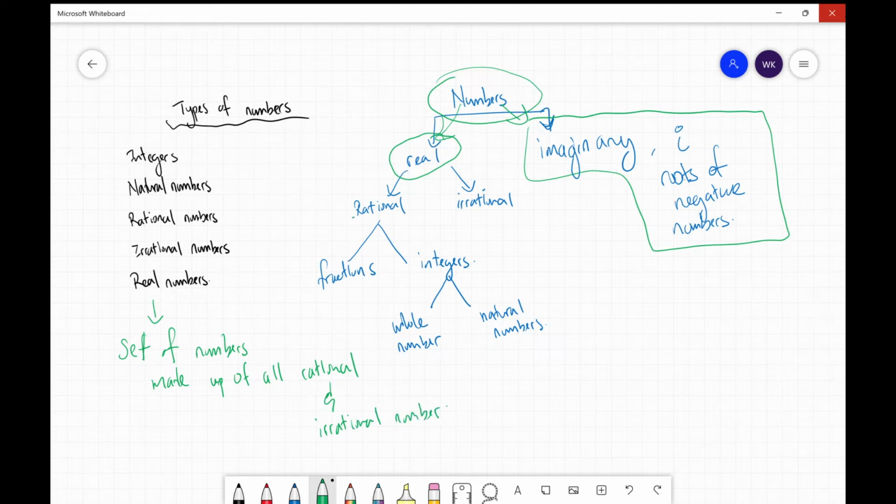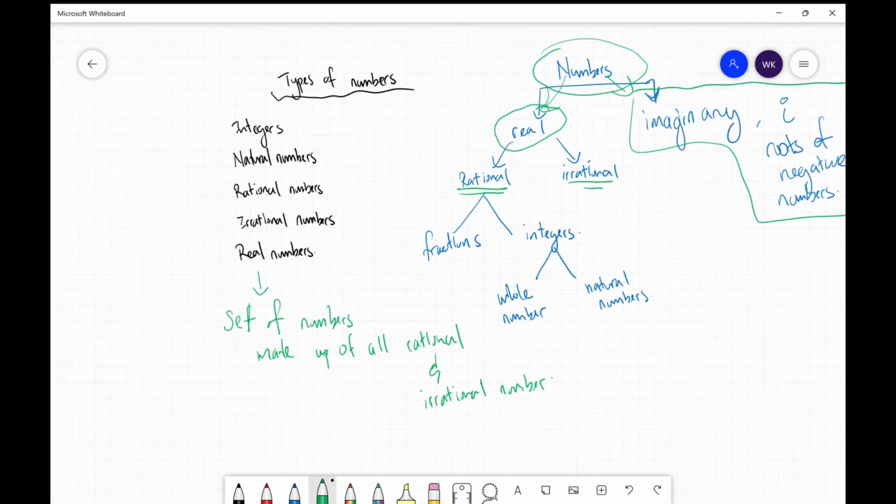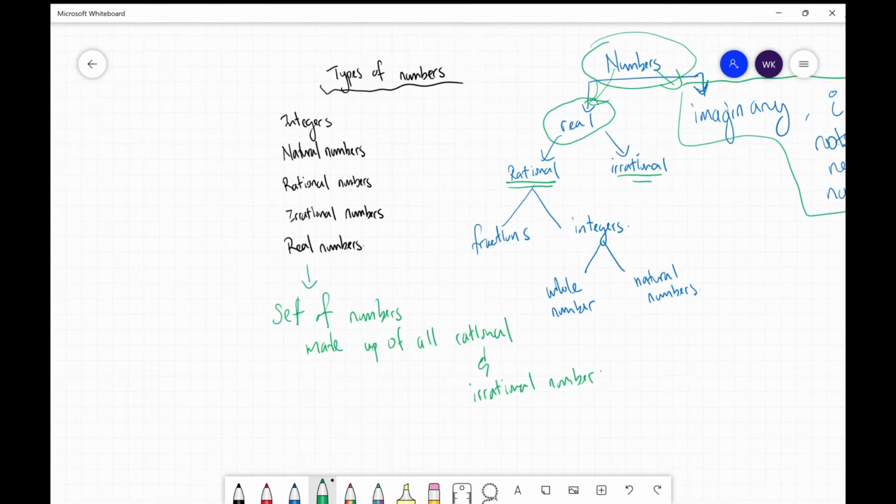So basically rational and irrational numbers. So we can first look at what is the definition of rational number.